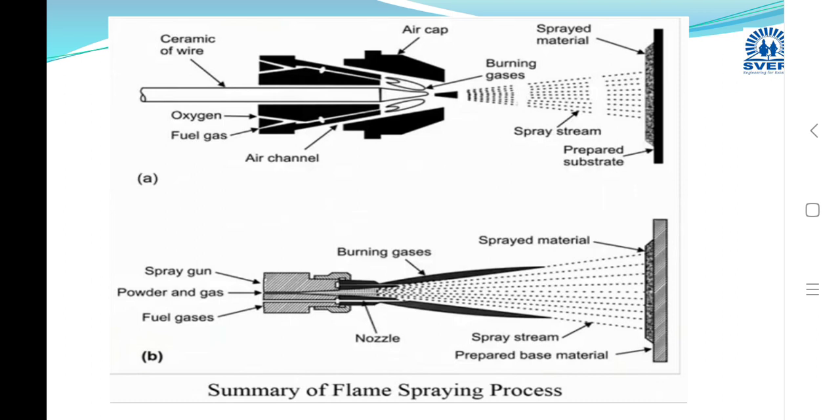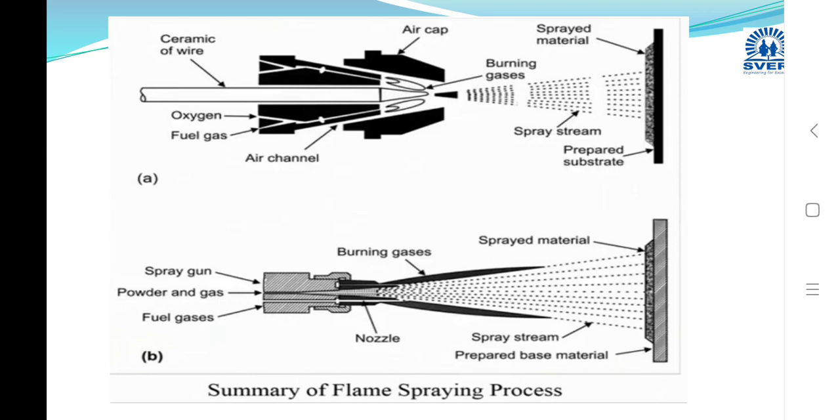In this flame spraying operation, your main parameters will be the oxygen to acetylene ratio, or maybe the oxygen to propane ratio, depending on the fuel you are using for heat generation.